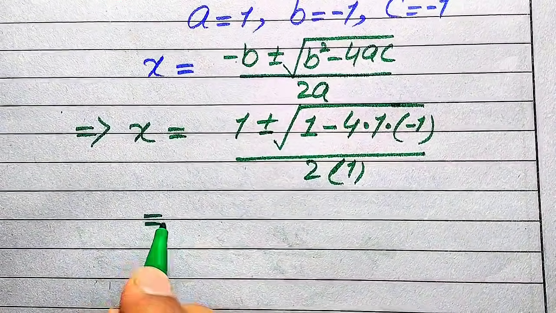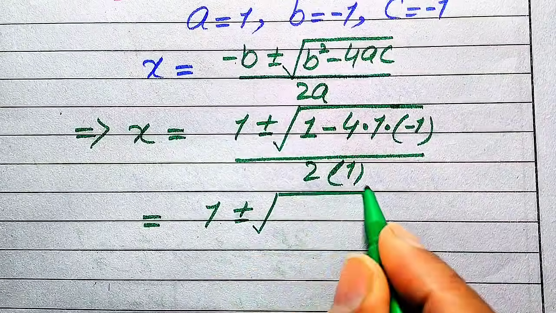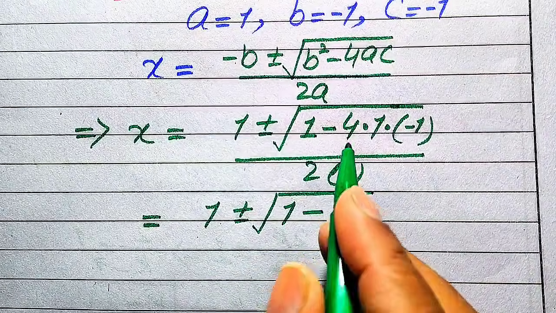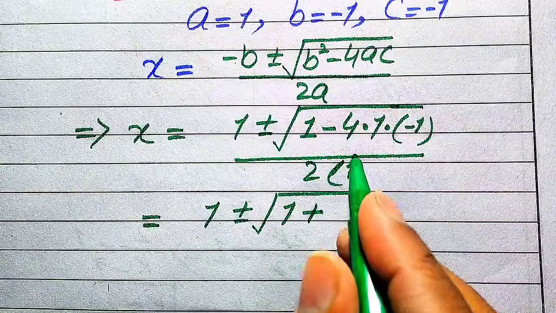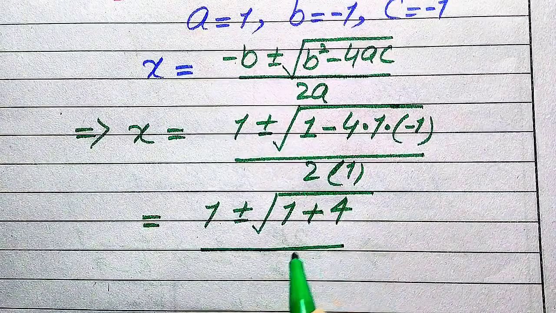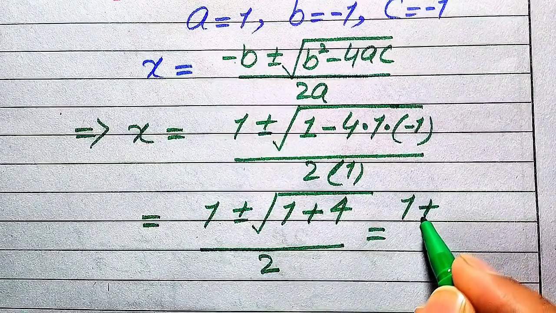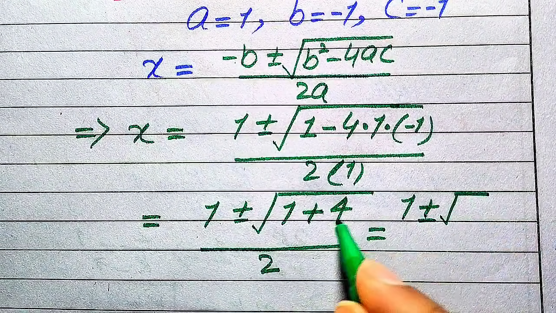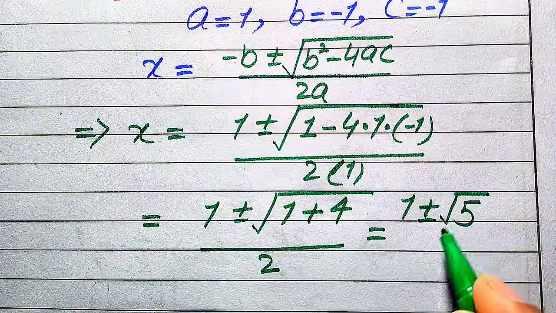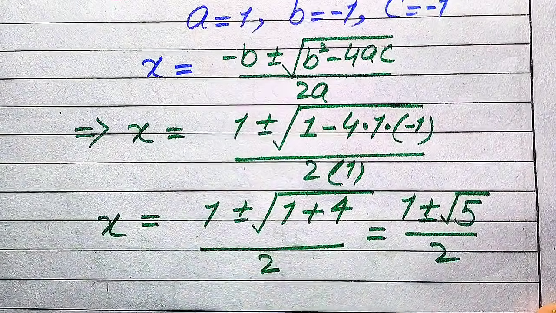And in the next step we need more simplifications, and it will be written as 1 plus minus square root of 1 minus, this is minus times minus becomes plus, and 4 times 1 becomes 4, and it is divided by 2 times 1 equals 2. And here we get 1 plus minus square root of 1 plus 4 becomes 5, divided by 2. So this is the value of x.